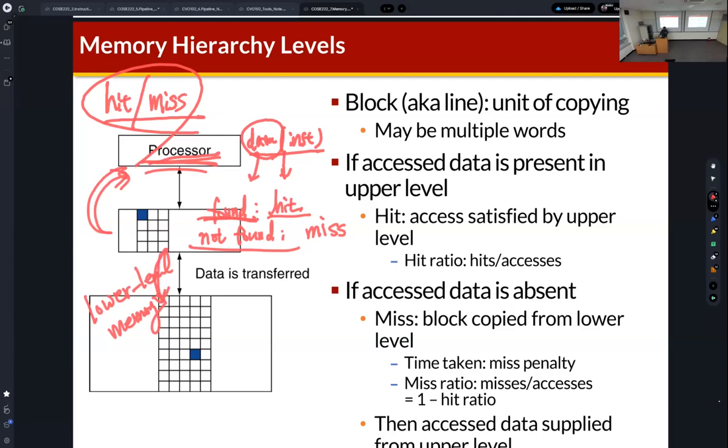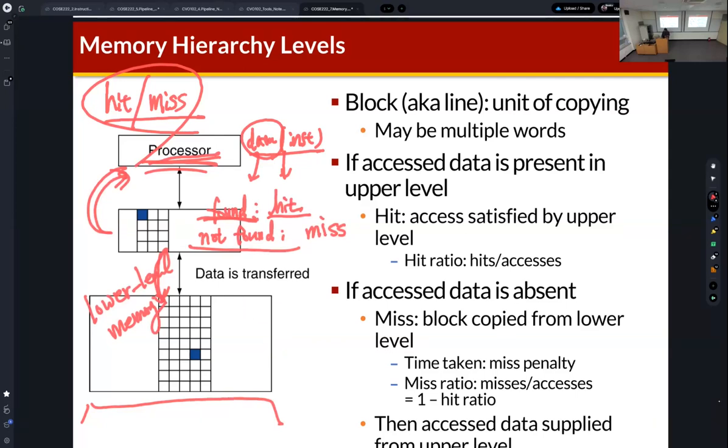So you need to understand that the processor first requests data to the higher level memory, and there are two cases, a hit case and a miss case. The hit case means that the data is found in this high level memory, then the data is provided to the processor. But in the miss case, the data is not found, then the request is given to the lower level memory. Also, if there is a lower level memory under this memory level, then there can also be two cases, hit or miss.